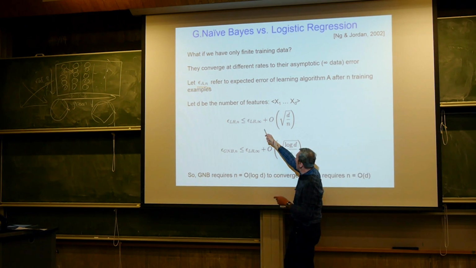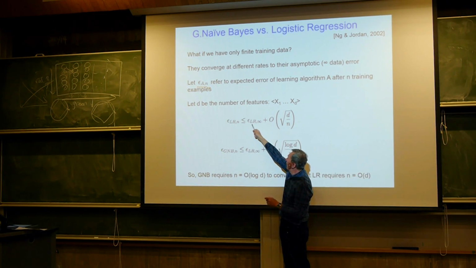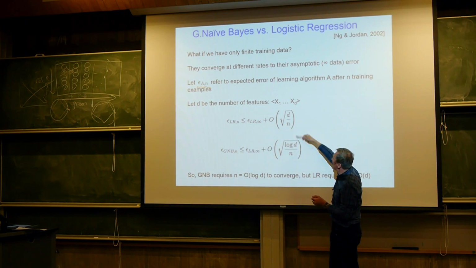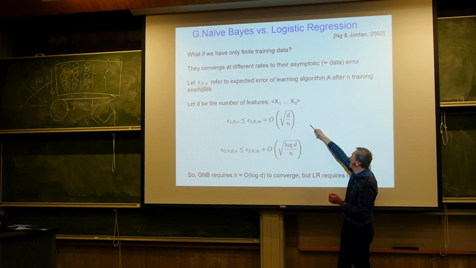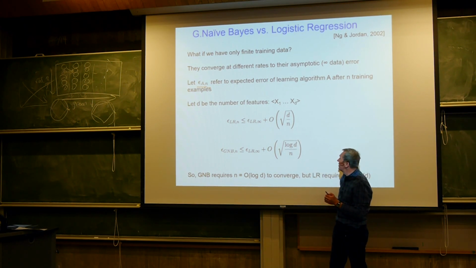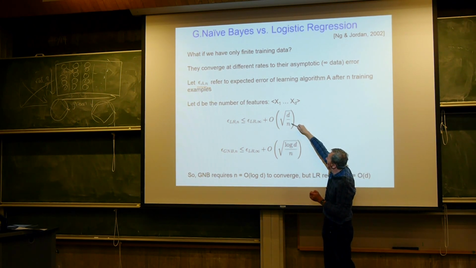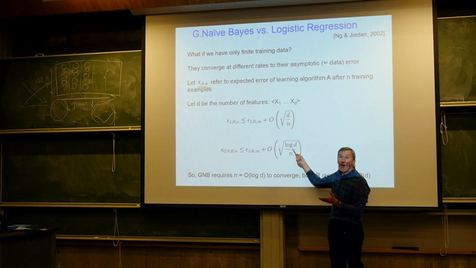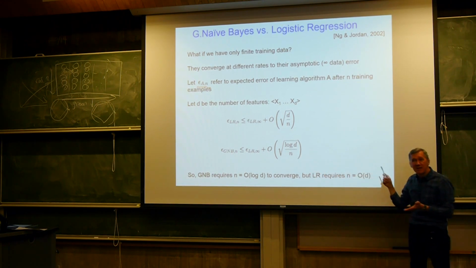They differ from their expected errors when n approaches infinity by quantities that have a different order. If D is the dimension of X, the number of X sub i's that I have, and N is the number of training examples, then you can see that this one will require roughly N equal to D examples to converge, whereas this one will require roughly N equal to log D examples.